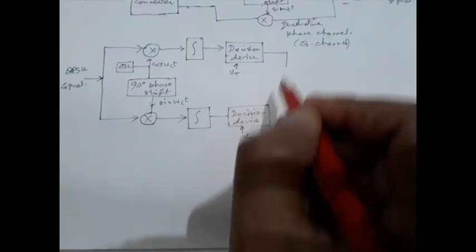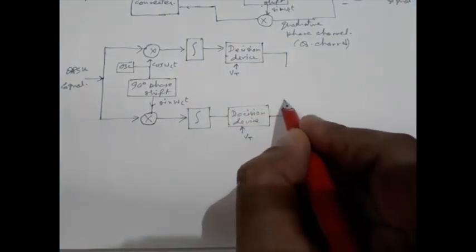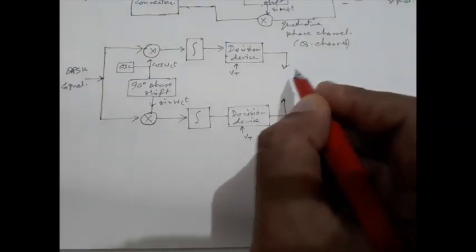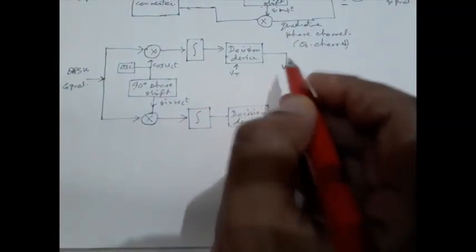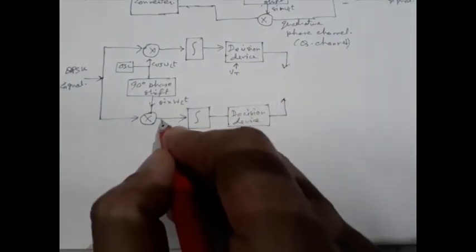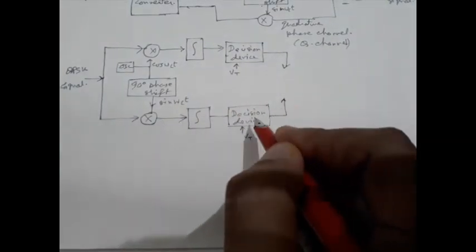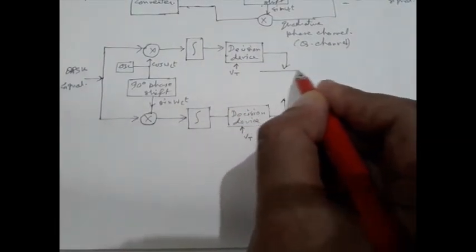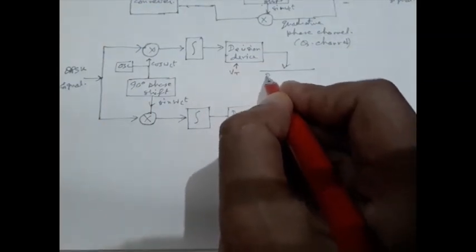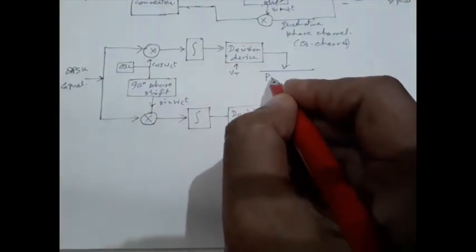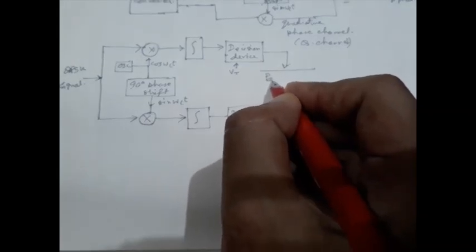The output of these two: this is one PSK demodulated signal, and this one is another PSK demodulated signal. So we need to produce the actual binary signal.